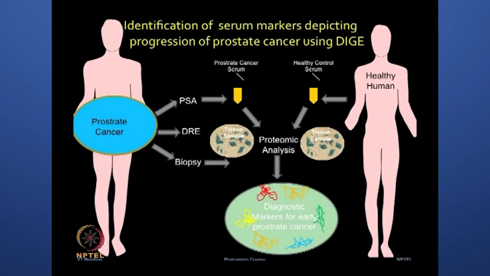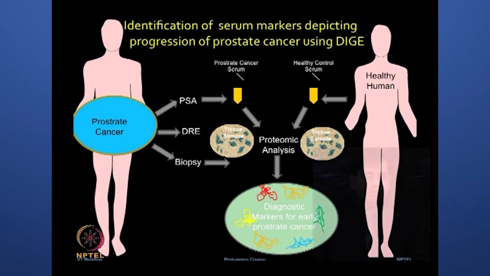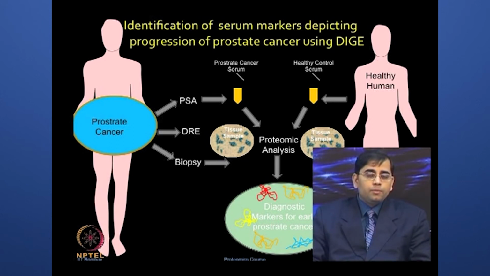Prostate cancer is recognized as a significant problem in the older male population. Prostate cancer screening relies heavily upon testing for higher levels of prostate specific antigen, also known as PSA, within the peripheral circulation. PSA is a very sensitive marker, but there is a lot of discussion on the reliability and specificity of PSA for prostate cancer.